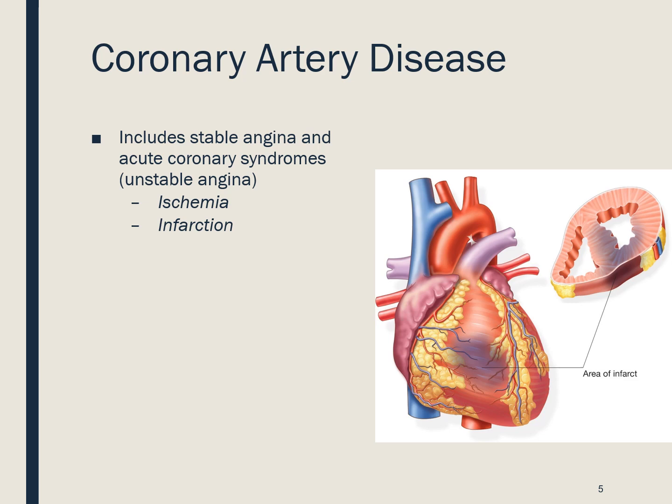All right, definitions. Ischemia. Ischemia is insufficient oxygen supply to meet the requirements of the myocardium. There is no permanent damage that is done. And usually when somebody is experiencing ischemia, they start having chest pain.